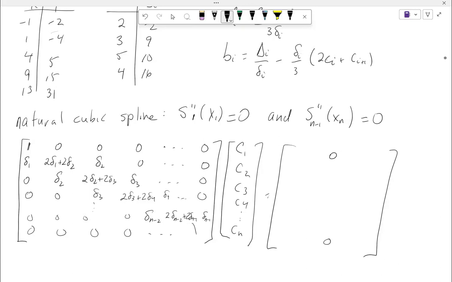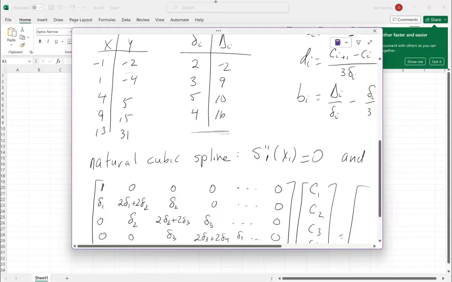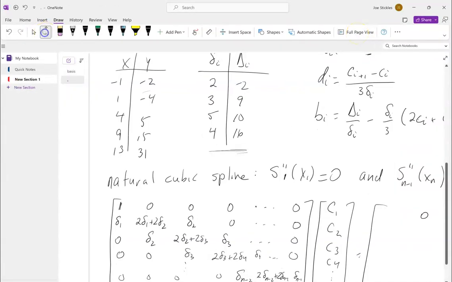had. Okay, so I'm going to scroll up, well, I don't need to scroll very far. Let's see if I can get rid of this. Here are my deltas, right here. Okay, let me grab that and copy it down here.